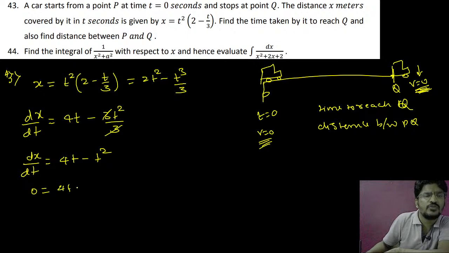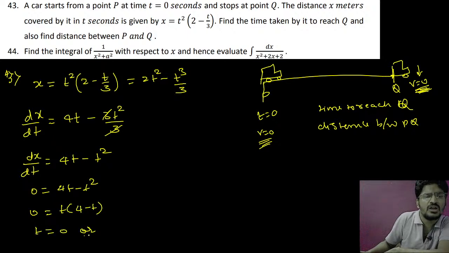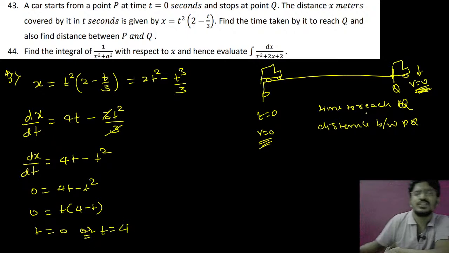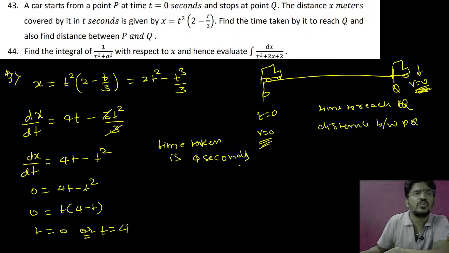That is 4t minus t square, which simplifies to t(4 minus t). So t will be equal to 0 or t will be equal to 4. That means time taken is 4 seconds.